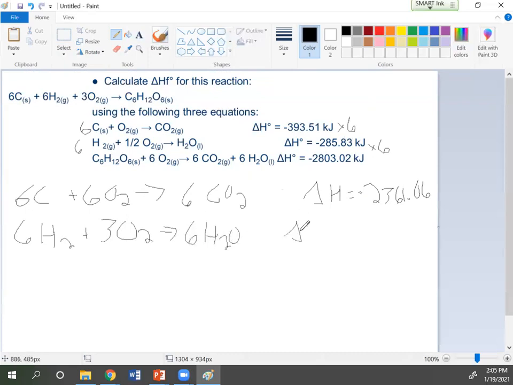And delta H is negative 1,714.98. I mean, look at me, significant figures. I would have been correct, but it's 3 significant figures.